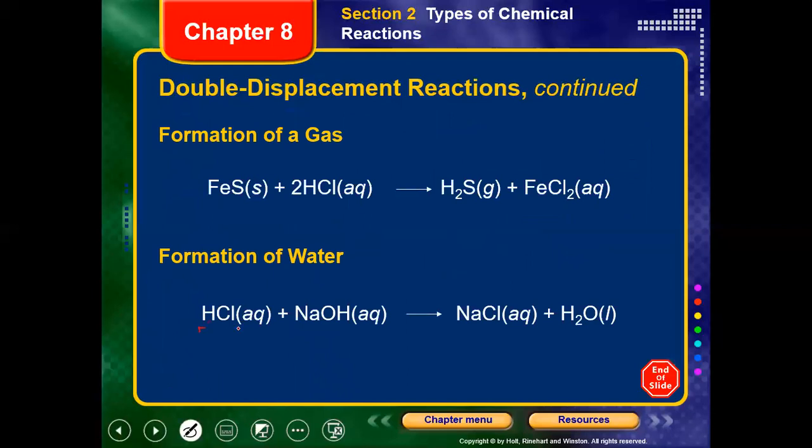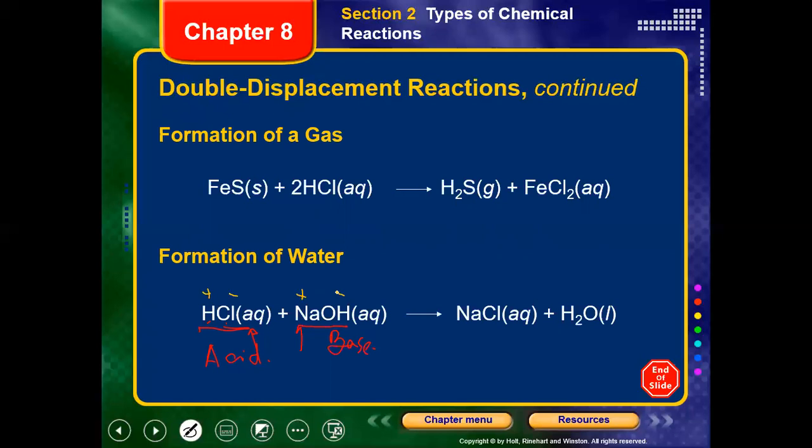Here we have a binary acid, hydrochloric acid, dissolving in water, reacting with sodium hydroxide, a base. As we said, hydrogen is +1, chloride -1, sodium +1, hydroxide -1.